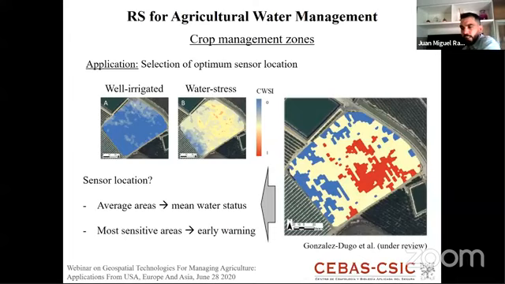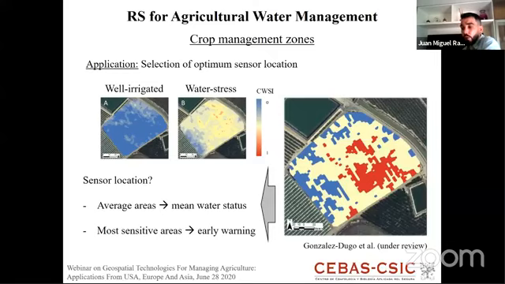Based on these areas and on the strategic decision adopted by the grower according to economic and agronomical aspects, sensors might be, for instance, installed in average areas, in yellow colors. These areas will provide information of what is the mean crop water status in the field.